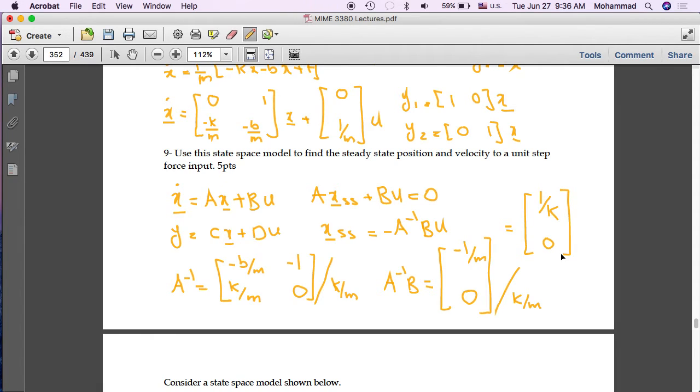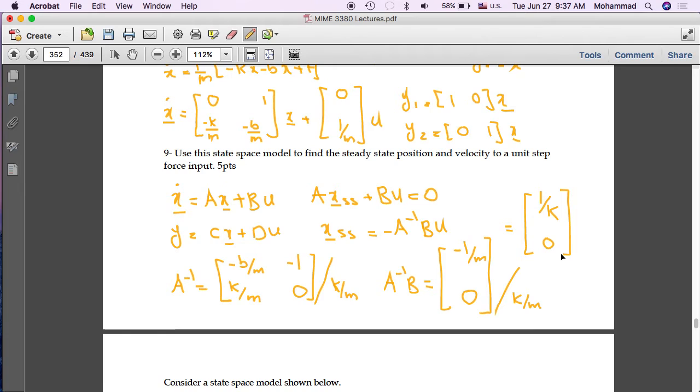So if you give a mass spring damper system a unit step input, a force that is equal to 1 and stays equal to 1 forever, the mass is going to be displaced, so it will go through some transition. If it is underdamped, it will oscillate. If it is critically damped, no oscillation, and as well as overdamped.